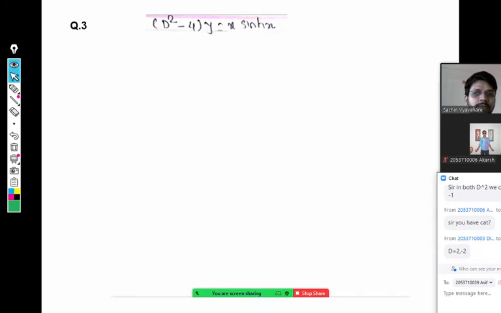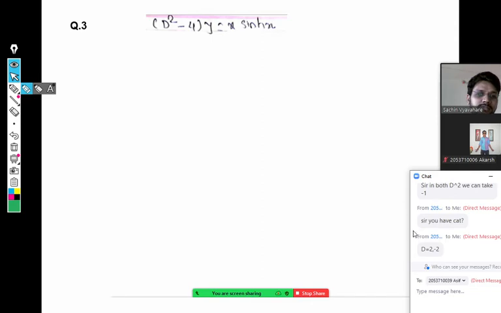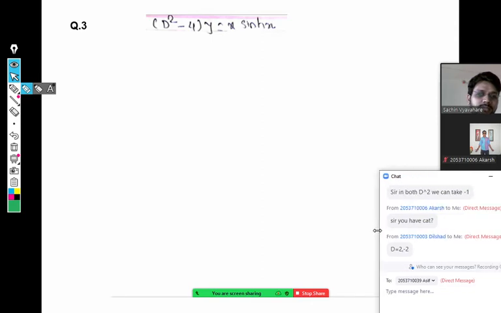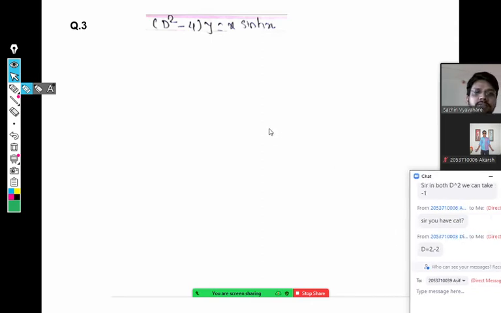Okay, good. Plus or minus 2 are the factor. So the YC will be C1 e raised to 2x plus C2 e raised to minus 2x. Correct. I think Dilshad has given the answer. Yes, Dilshad, you are correct. Yes, Asif, that is the CF, correct.